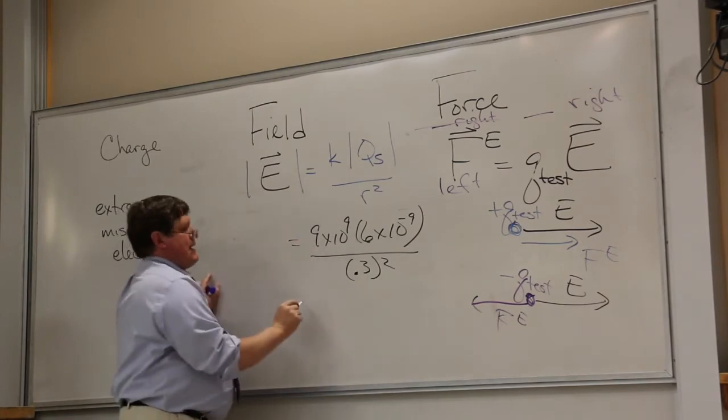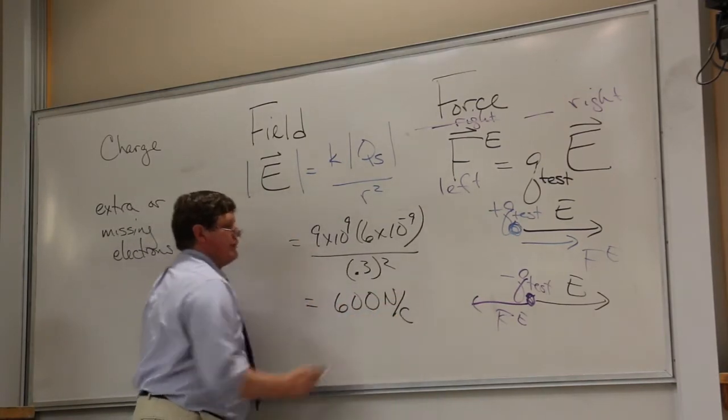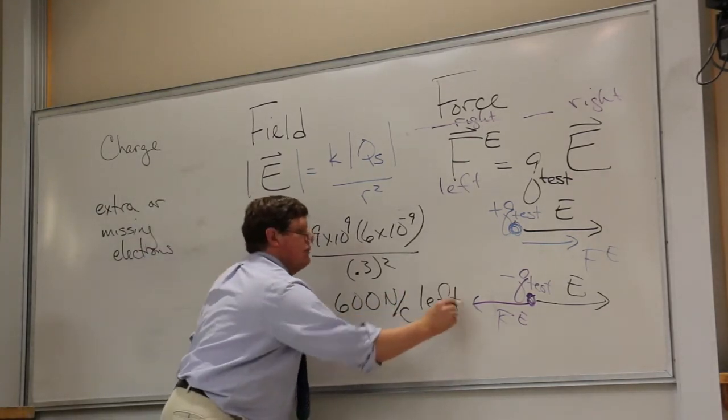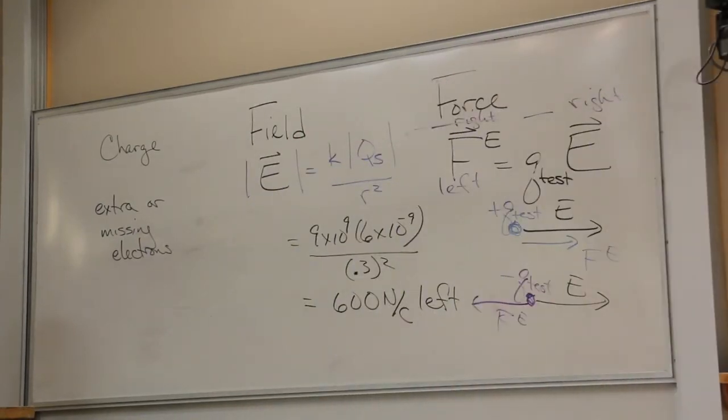And when I do that math, I get 600 newtons for each coulomb. That's the magnitude. Left would be the direction. Okay? Now don't say minus 600 left, because what's minus left? Right. You're right. Okay, so there's my electric field due to A.